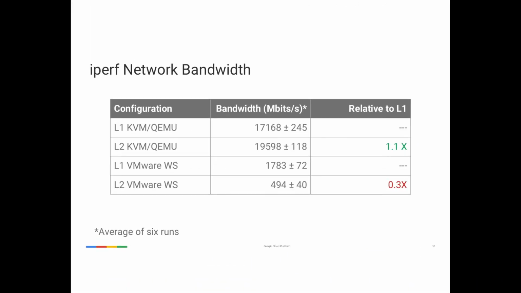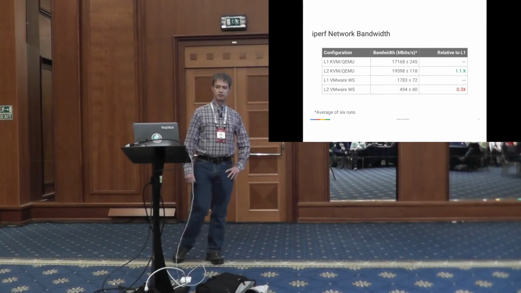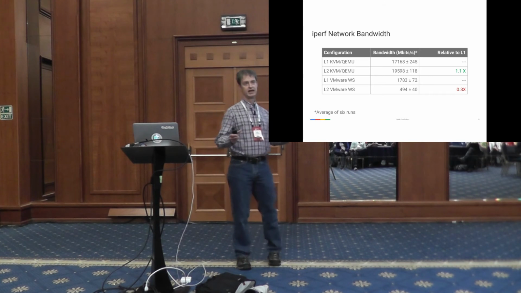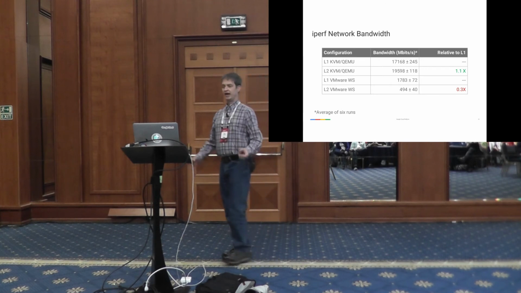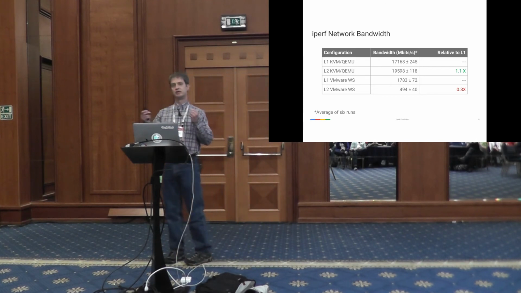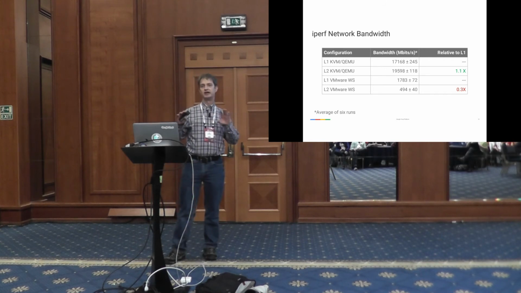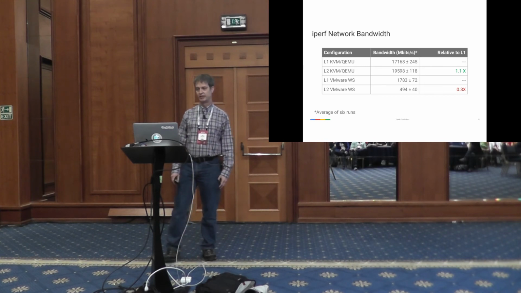The next one I did was an iperf benchmark, and for this benchmark, I had 2 L2 guests, each with only 7 vCPUs and 16 gigabytes of memory. And I had the networking connection between the 2 L2 VMs so that no hardware networking or anything else was involved. This was entirely software networking.